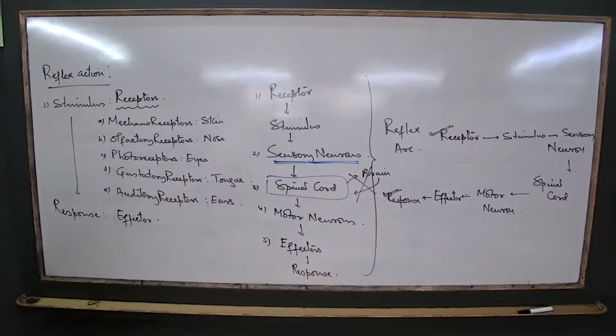For example, a muscle or a gland. Part of the body that shows response is known as an effector. For example, muscle or a gland. Full stop.